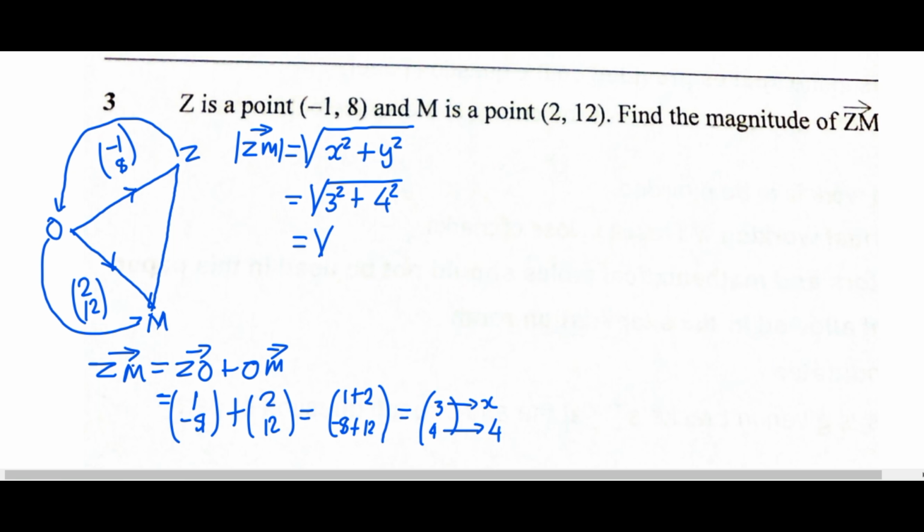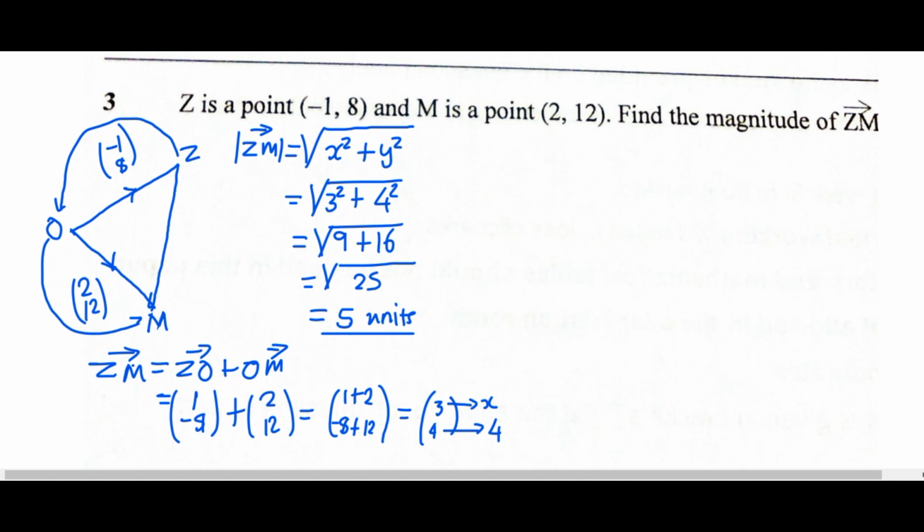Then 3 squared is 9, plus 4 squared is 16. The sum of 9 and 16 will give us 25. The square root of 25 is 5 units, since the magnitude is a distance. So we can find the magnitude if we are given a pair of coordinates like this for vectors.